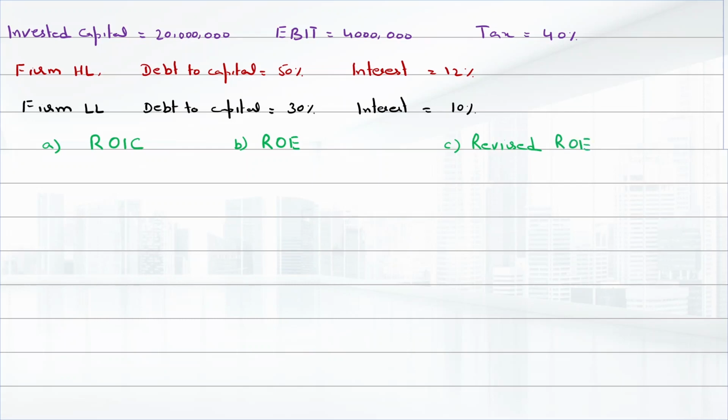Firstly, we will find return on invested capital. Return on invested capital is equal to EBIT into 1 minus tax divided by invested capital.